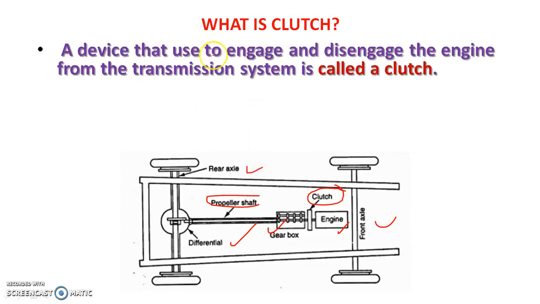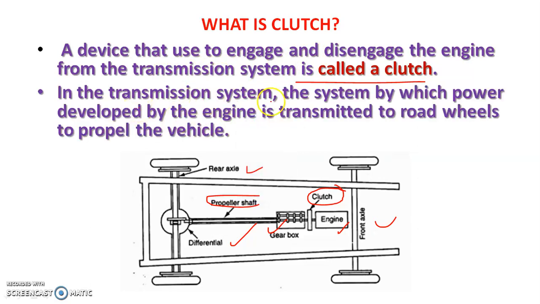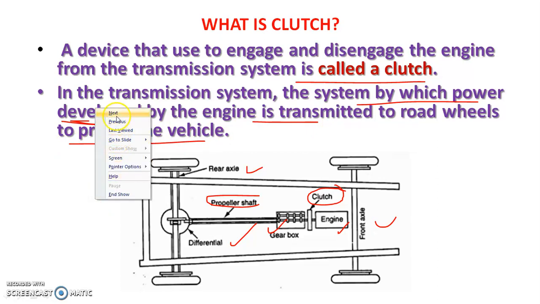A device that is used to engage and disengage the engine from the transmission system is called a clutch. In the transmission system, it is the system by which the power developed by the engine is transmitted to the road wheels to propel the vehicle. So this is the definition of the clutch.